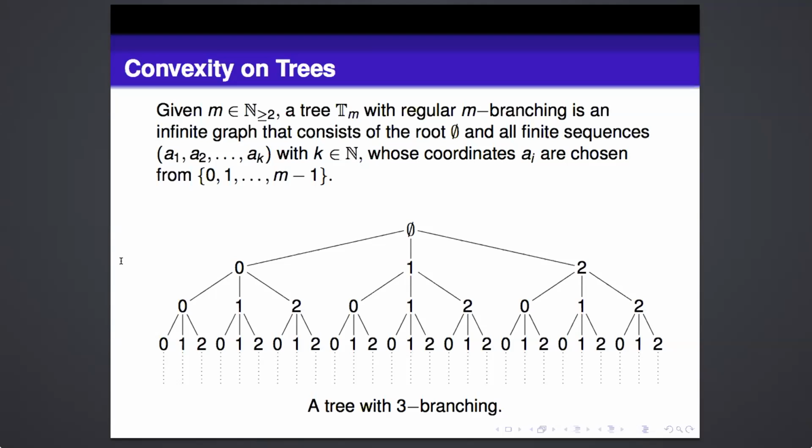What is a tree? A tree is one root, one common ancestor to everyone, and each node, the root included, has 3 descendants. So for each node of the graph, you have 3 kids, and I will name the kids 0, 1, and 2. 0 is on the left, 1 in the middle, and 2 on the right.